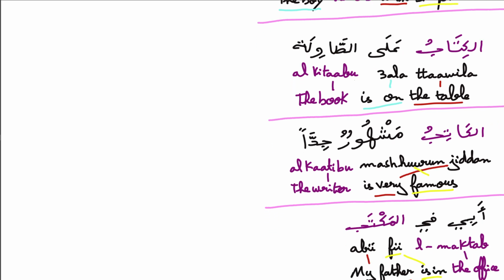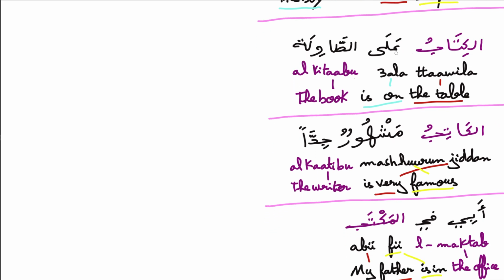Okay, next sentence we have الكتاب على الطاولة. الكتاب, which is book. على is on. الطاولة, the table. In Moroccan we say tabla, which is table. So it really depends on the dialects, but here we are learning Arabic Fusha.